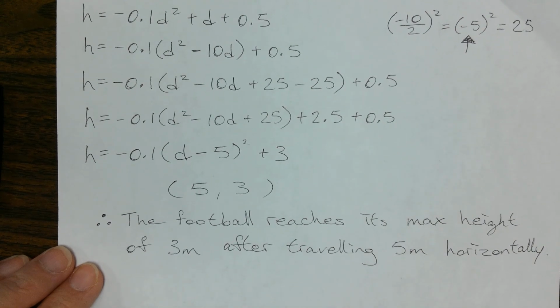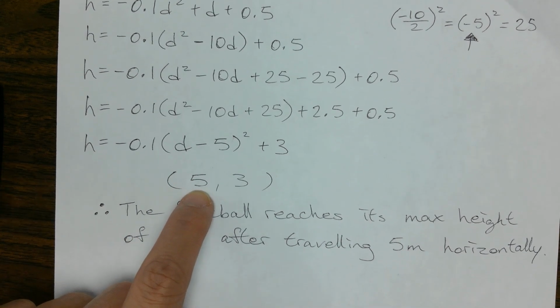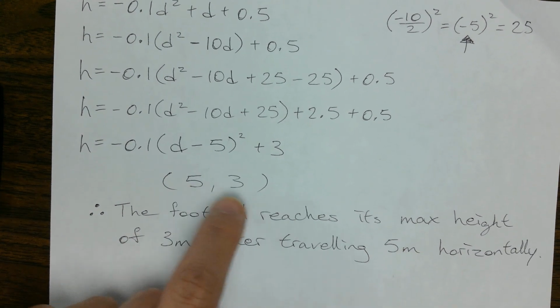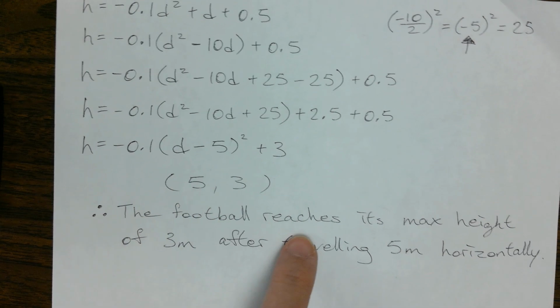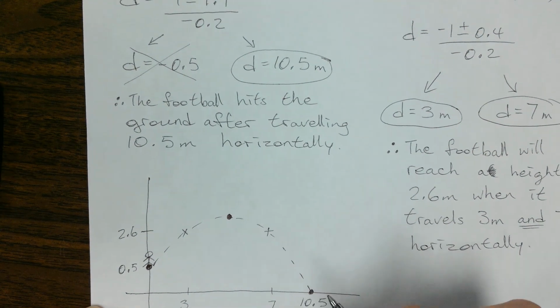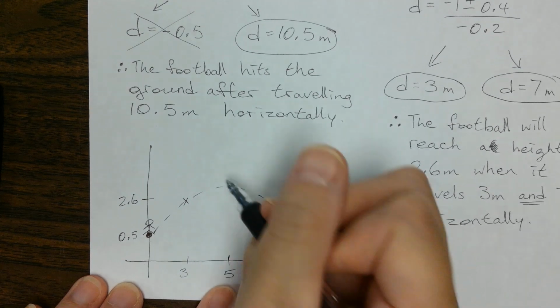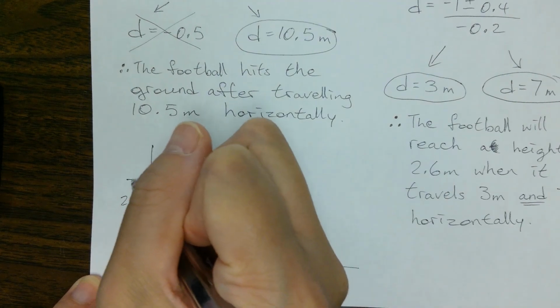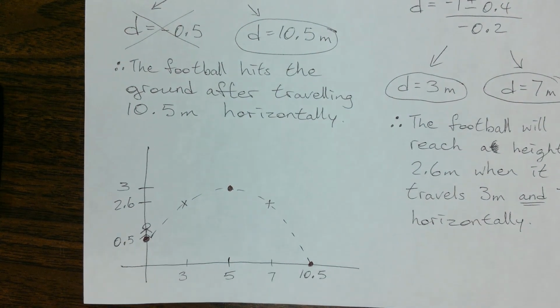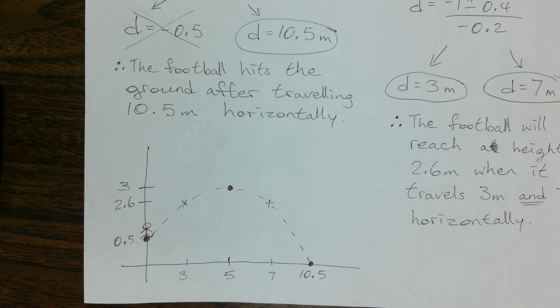Okay. That's what your vertex means. X, this is your X, which is the horizontal distance traveled. And then this is your Y, which is the maximum height, like the up down. So completing my graph right here, after 5 seconds, it reaches the maximum height of 3 meters. And there we go. What a beautiful graph of the football.